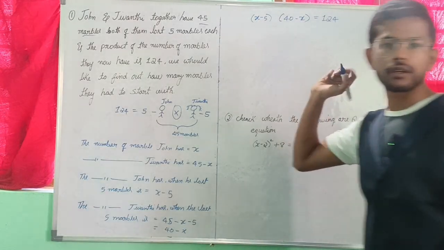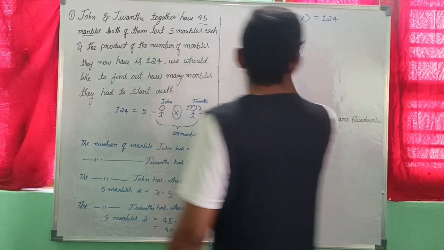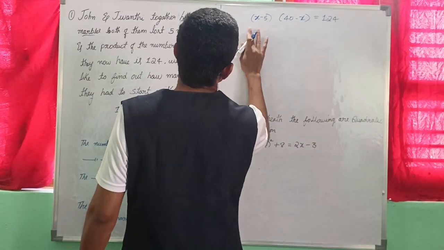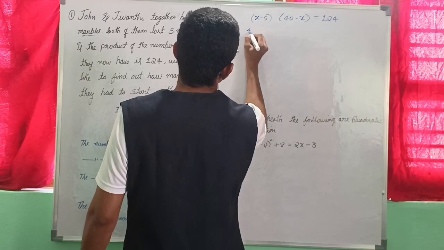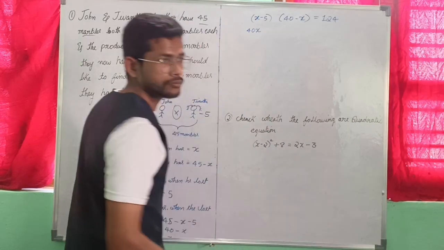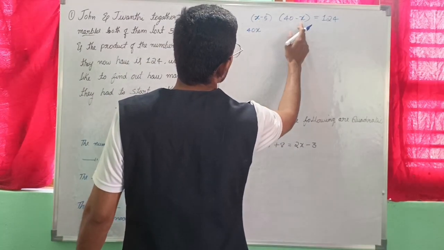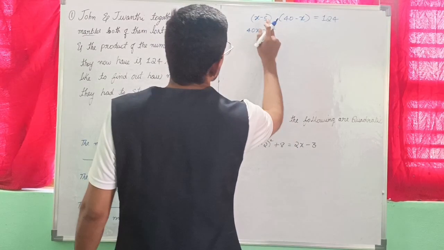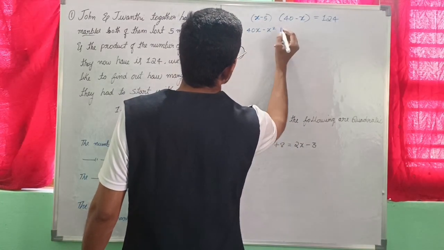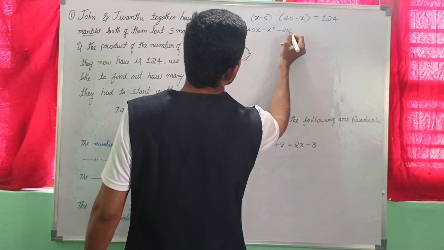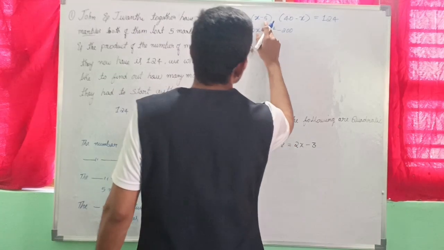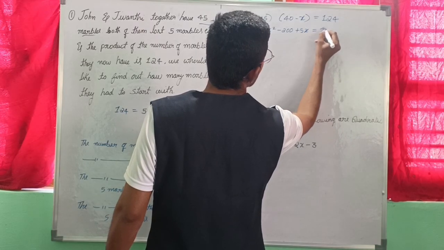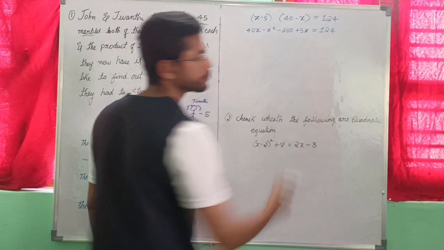Let's multiply these two terms. We get 40x, x into minus x is minus x squared, minus 5 into 40 is minus 200, minus 5 into minus x is plus 5x, which equals 124.